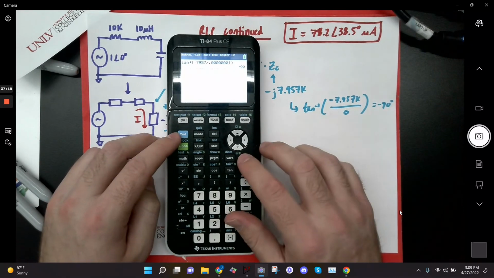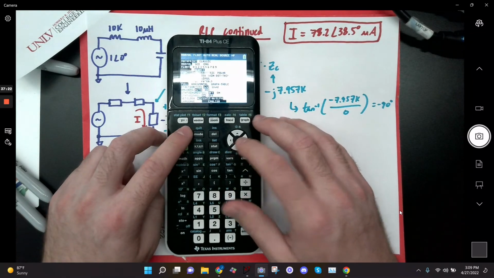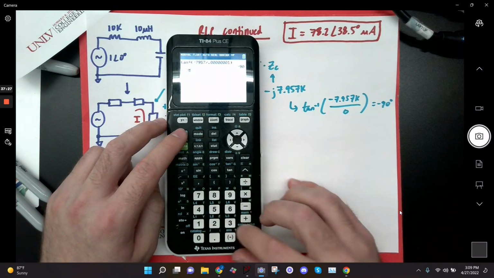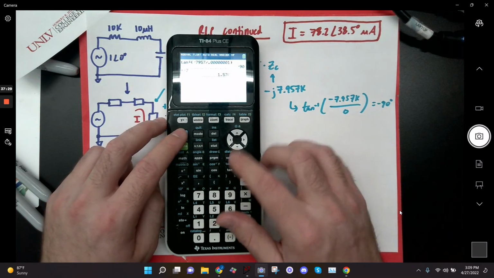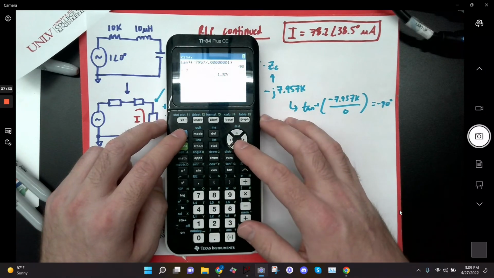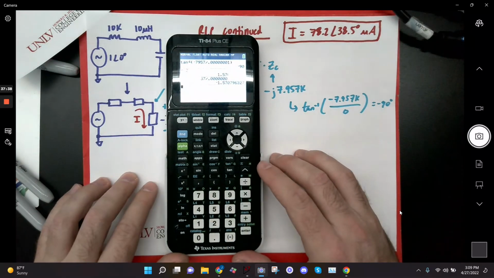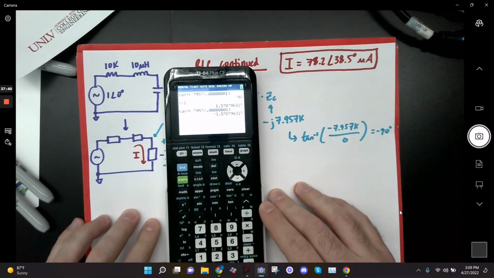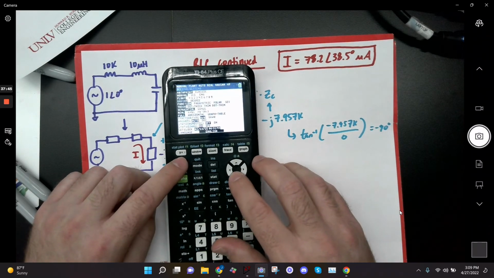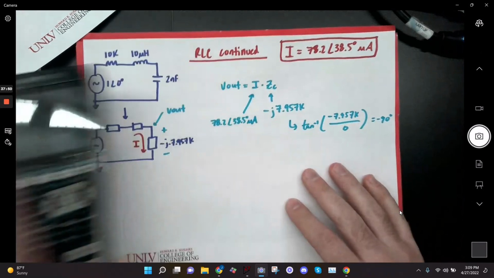And then just to show you that it's pi over 2, if I put my calculator in radians, pi over 2 is equal to this. If I now go tan inverse of this thing, I'm going to get that value, right? That's negative pi over 2, right? See that? All right, so let me go back to degrees. So I got negative 90 for my phase.